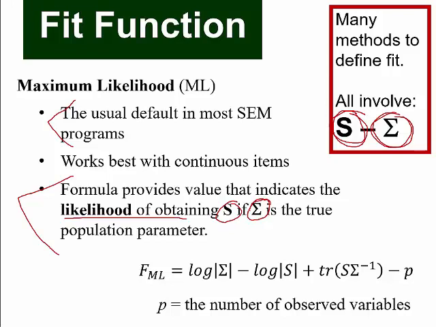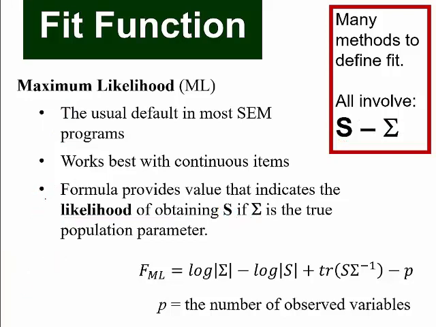If our model and the parameter estimates in our model are actually showing us the true population parameters, what is the likelihood that we would get the actual variance-covariance matrix we got in our sample? So again, maximum likelihood is a formula that provides a value indicating the likelihood of obtaining S, our sample variance-covariance matrix, if sigma, our reconstructed variance-covariance matrix, is actually the true set of population parameters.